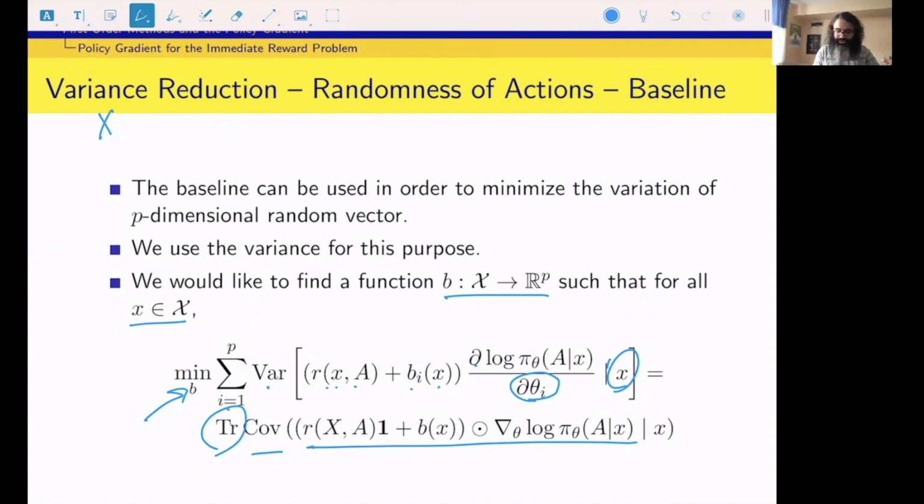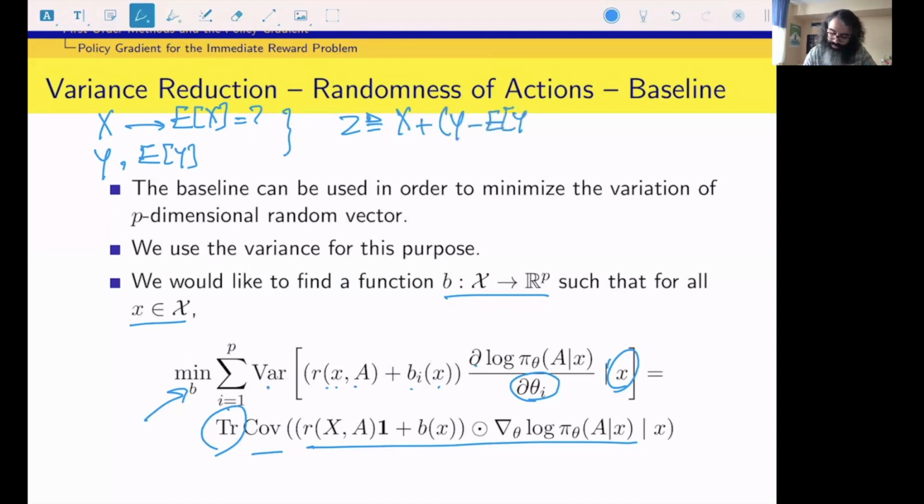Yeah, so the idea of control variates is that you have a random variable x, you want to estimate its expectation, and you want a minimum variance estimate of it. Suppose you have another random variable y, whose expectation you know exactly. The control variate idea is that I form a new random variable z, equal to x plus (1 minus expectation of y), or rather x plus y minus expectation of y.